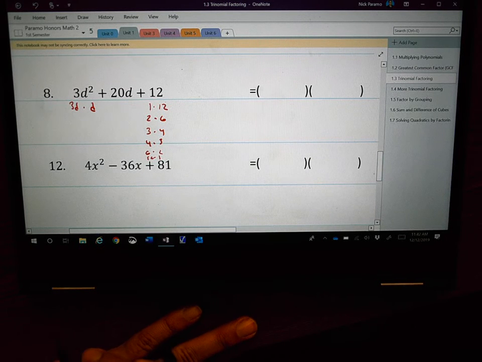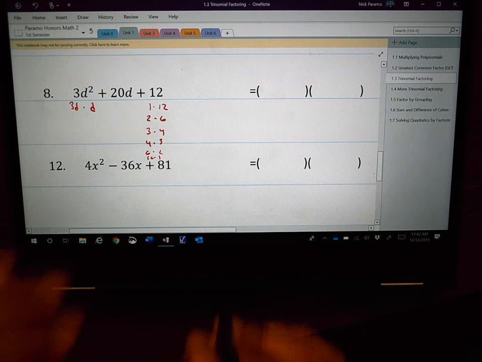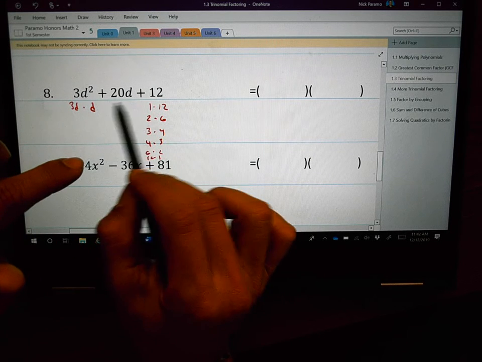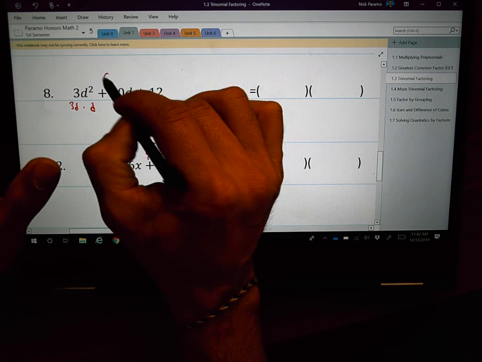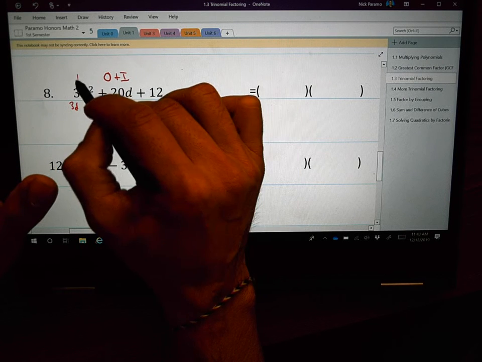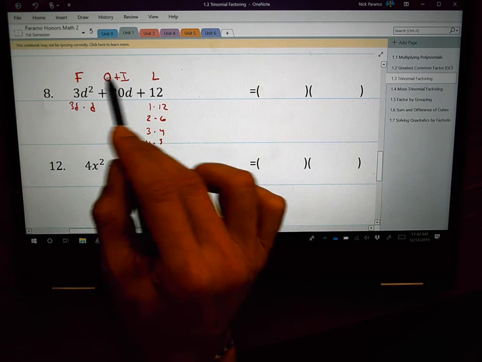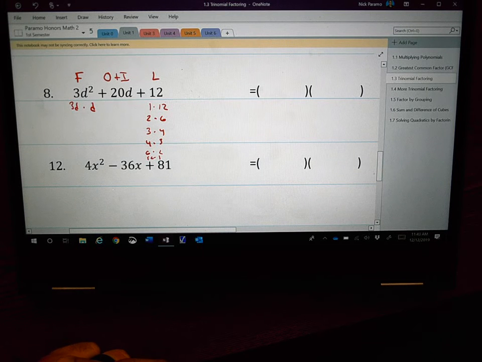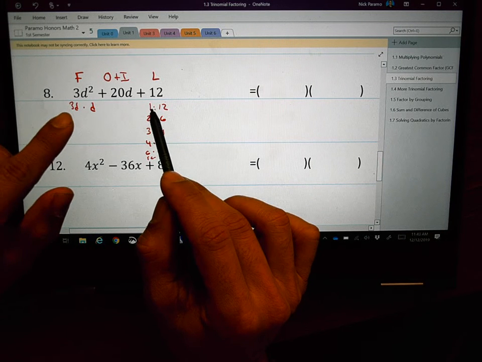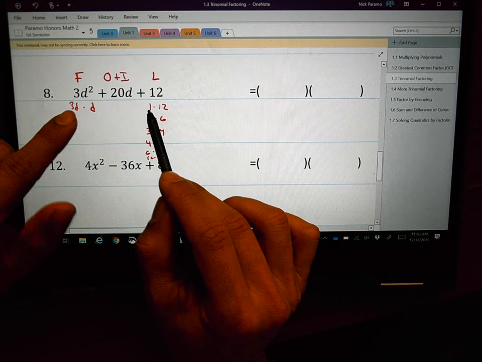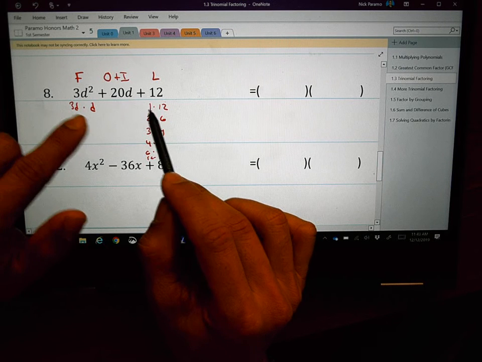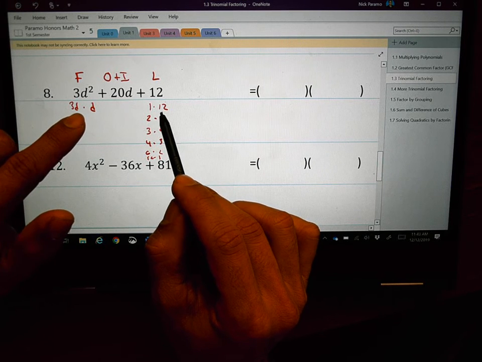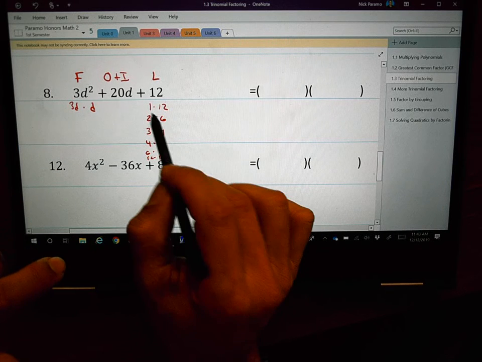Lots of different possibilities. But what you're looking for is one that has an O plus an I that makes that 20D. Here's your F for FOIL. I'm looking for a product, 3D times 1, and 12D. 3D and 12D in my head makes 15D. That's not this one. It can't be that.